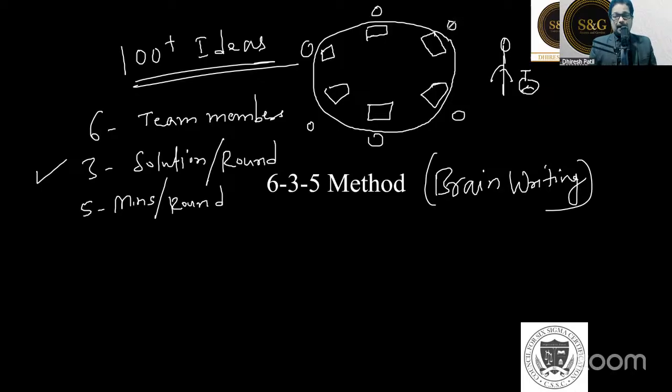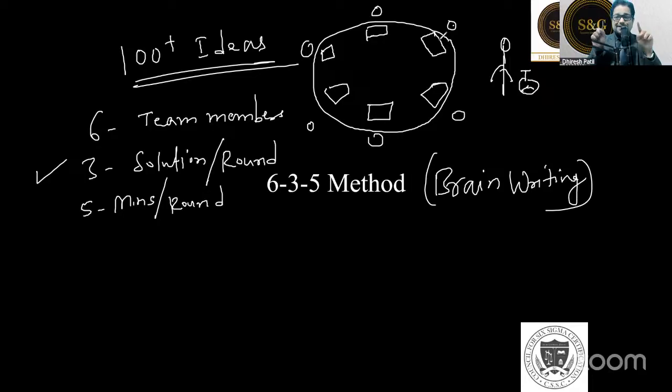It is 18 ideas, correct? And every round is 5 minutes. A stopwatch will be set for 5 minutes, and after 5 minutes, the bell will ring and they will stop.